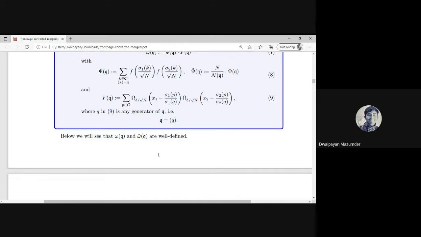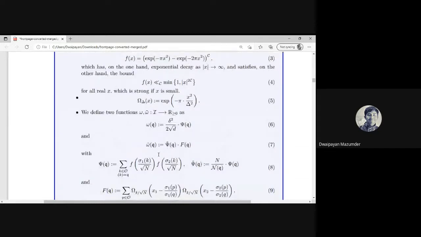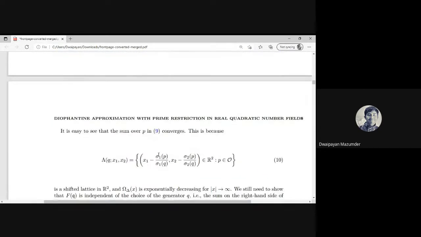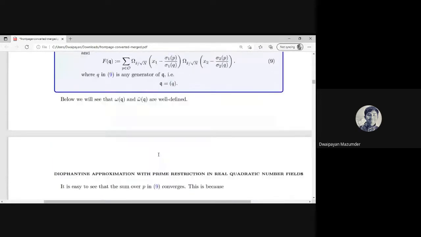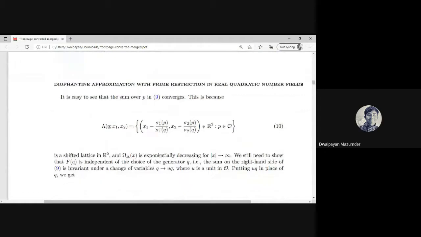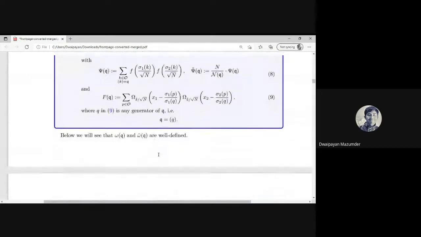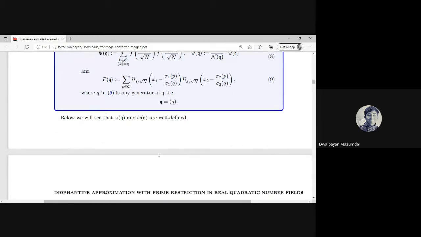Now, first of all, we have to check whether this omega_q and omega tilde are well defined, and these are well defined actually. Moreover, one more important thing to show is that it is well defined for any generator.